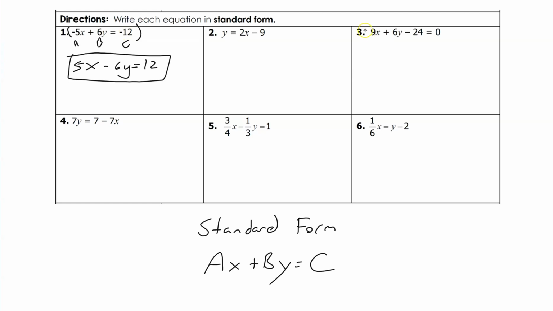All right, let's go ahead and look at number 3. Notice my x is my a, my coefficient of y is my b, and my c is over here. Well, if you look at this, where is c? C is on the right side of the equal sign. Where is my c over here? It's on the left side. So if we move that over to isolate that constant on one side of the equal sign, that'll put this into standard form.